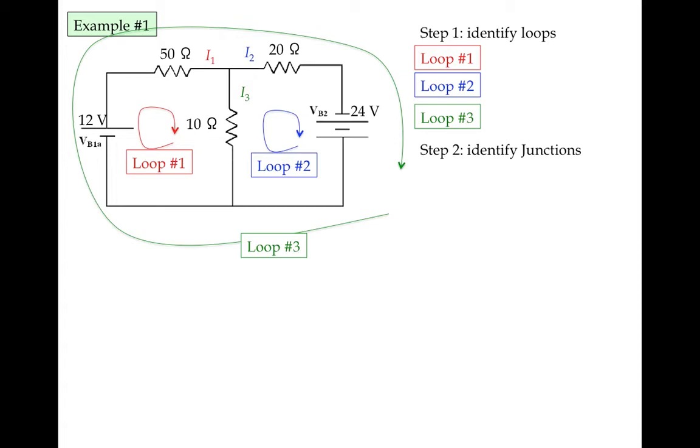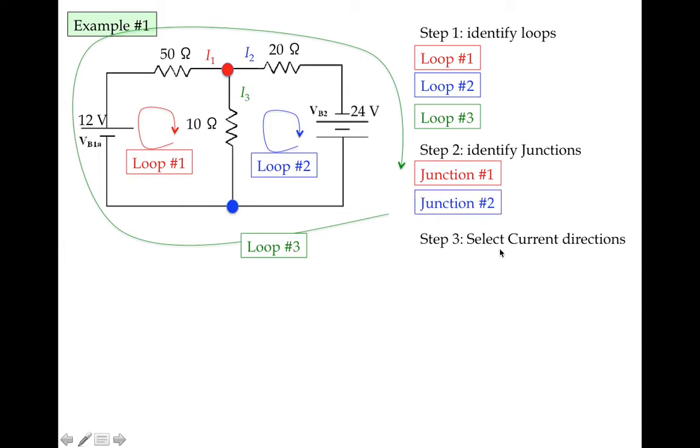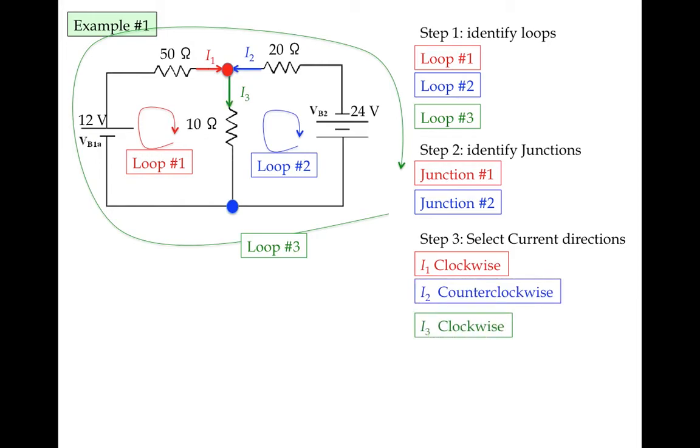Step number 2, identify junctions. Here I have 1 junction and 2 junctions. Now step number 3, select the current directions. Remember, this is a choice. You can select the currents as I've done: I1 is clockwise, I2 is counterclockwise, I3 is clockwise.